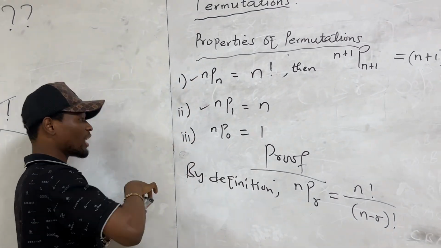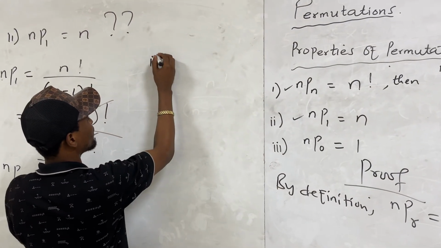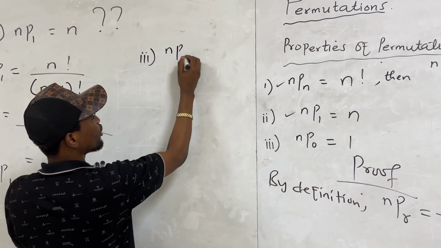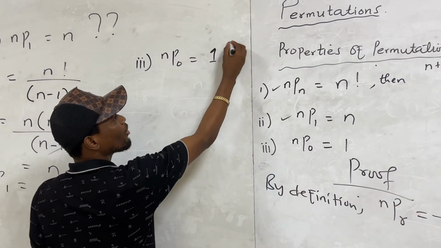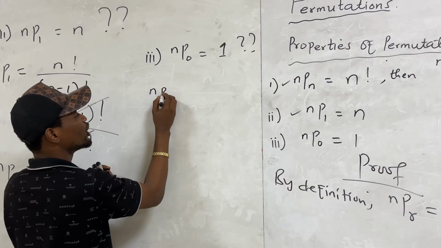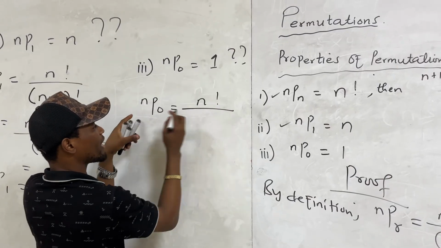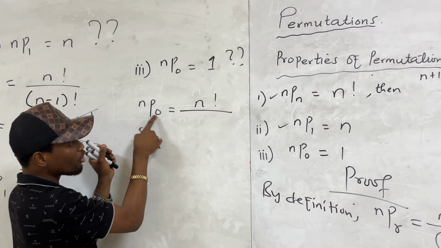And that. Let's consider the last one. We have number 3, nP0 is equal to 1. How is that possible? Remember, we said nP0 is equal to n factorial over the difference, you subtract 0 from this.